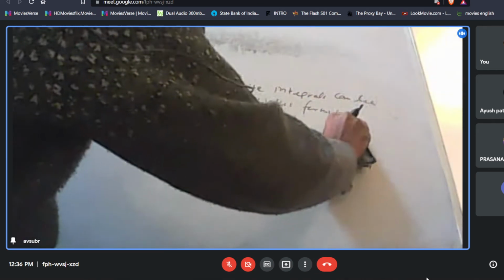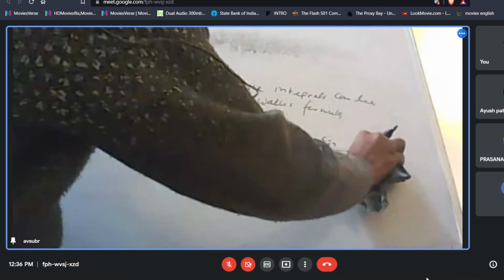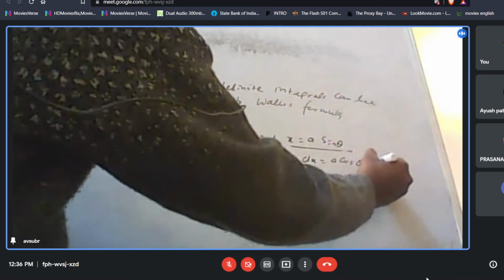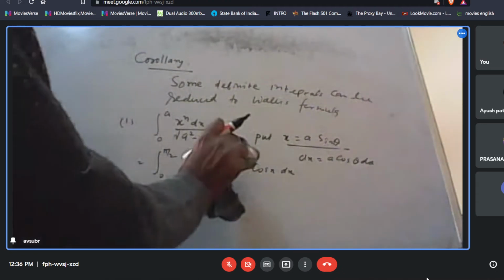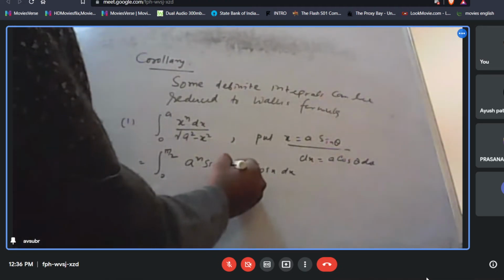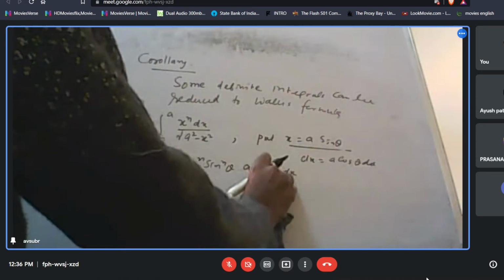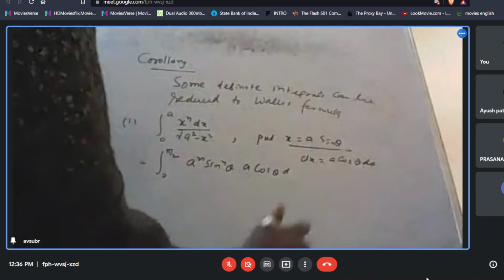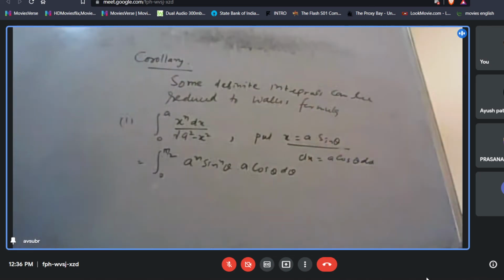I should write theta here, otherwise it will be confusing to write dx on both sides. So just to avoid confusion, I have put another symbol.